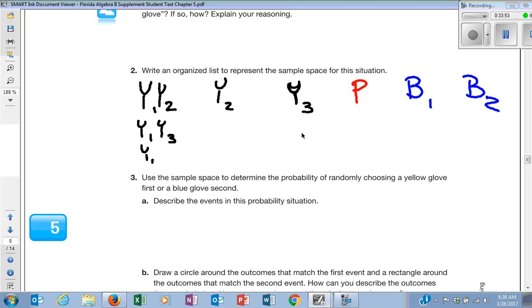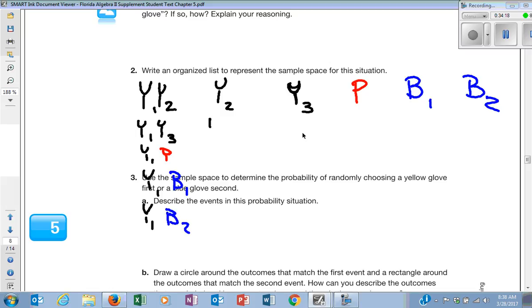Are you with me on this? So with this Y1, how many different choices do I have with it? I could write it 1, 2, 3, 4, 5 times to start off with, right? And then I go, okay, purple, now blue 1, and blue 2.